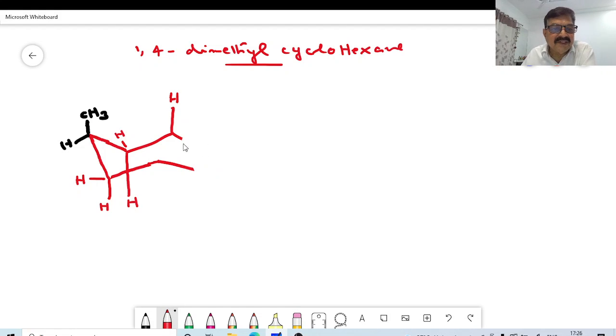I will just redraw it for you, then the groups will be very clear. Now it is okay. Now here will be an axial hydrogen and a methyl group. One methyl axial and one methyl equatorial, because we are considering the cis conformation.